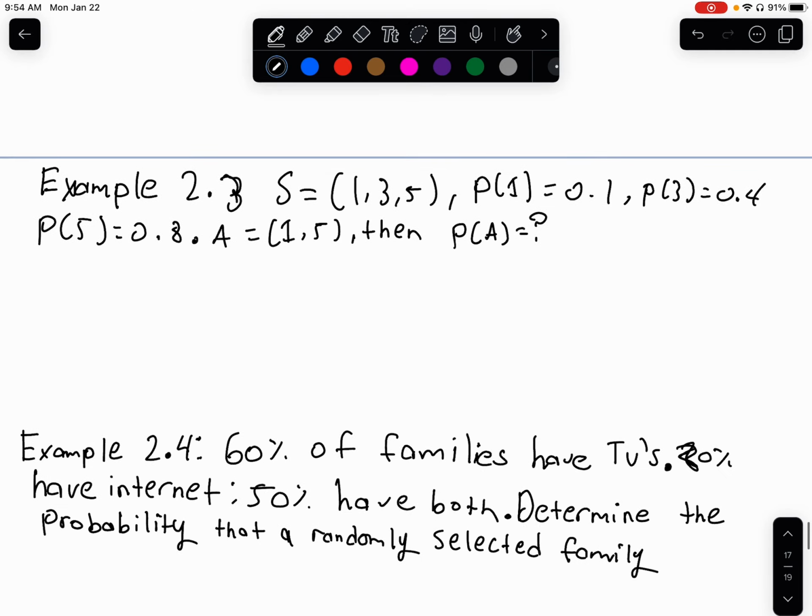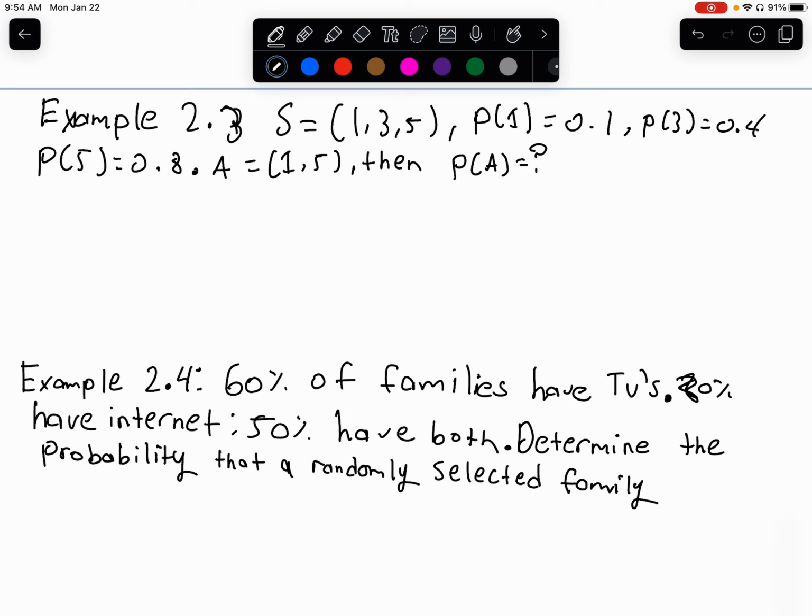I believe I wrote it over here. We have a sample space S, which is 1, 2, 3, and 5. Probability of 1 equals 0.1, probability of 3 equals 0.4, probability of 5 equals 0.8. Those are the probabilities. If event A is 1 and 5, what is the probability of A?